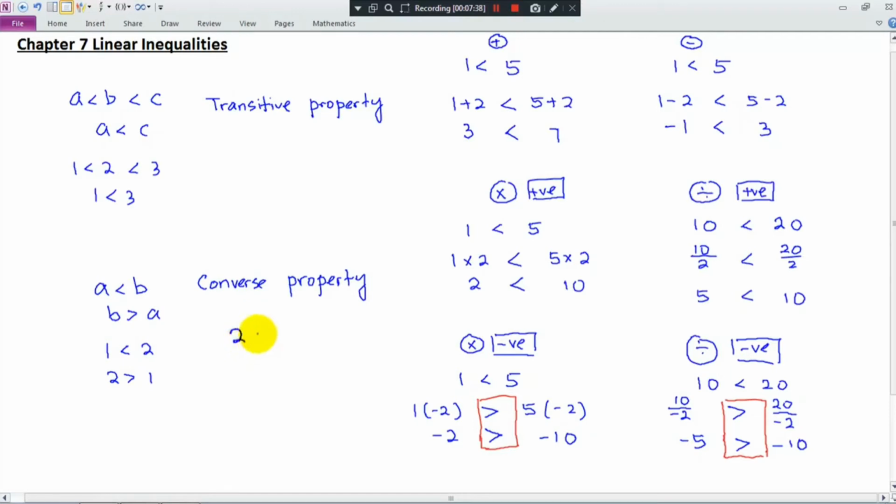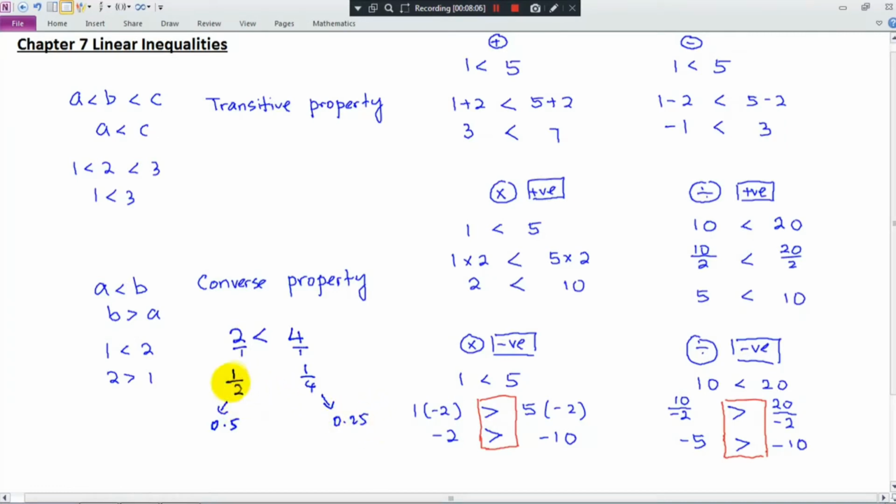2 is less than 4. So this 2 actually means 2 over 1, and 4 is 4 over 1. If you perform the reciprocal for both sides, it will become 1 over 2 and 1 over 4. You will notice that this is 0.5 if you press your calculator, and this is 0.25.